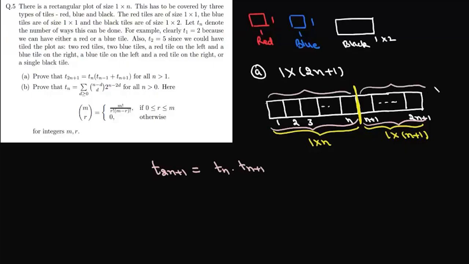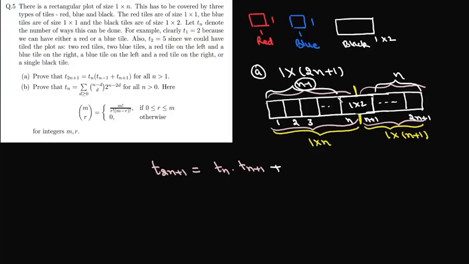Now there is a second case possible, where we have a black tile in the n and n plus 1 position. If they are not disconnected and we have this 1 cross 2 tile here, then on the left hand side we have n minus 1 tiling space, and on the right hand side we have n tiling space.